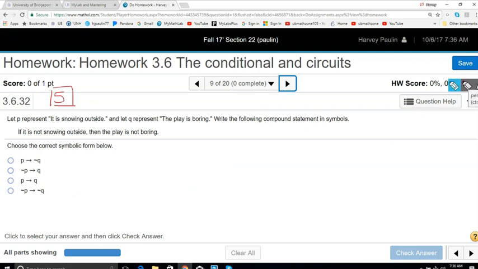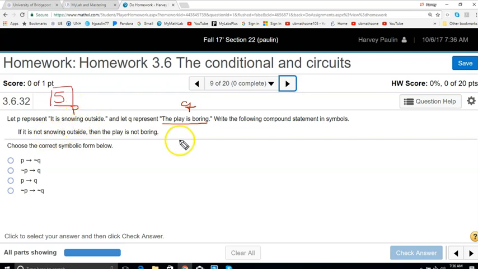Now again, analysis of what you have. It says let P represent it is snowing outside. So I'd put a P there. And in your notes, you're going to put P equals this. Q represents the play is boring. So put a Q there. Now the statement is, if it is not snowing outside, so what are we going to do to the P?